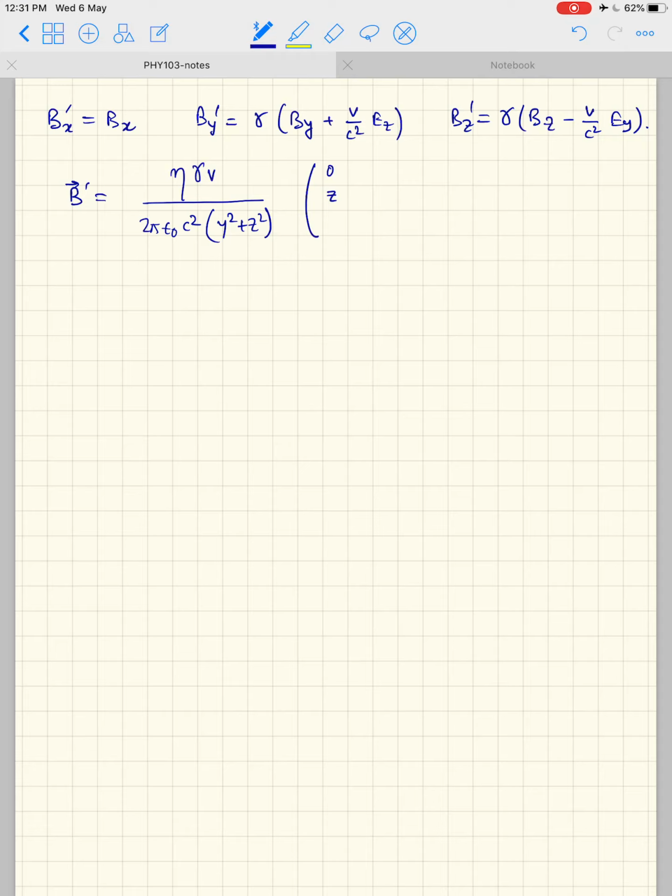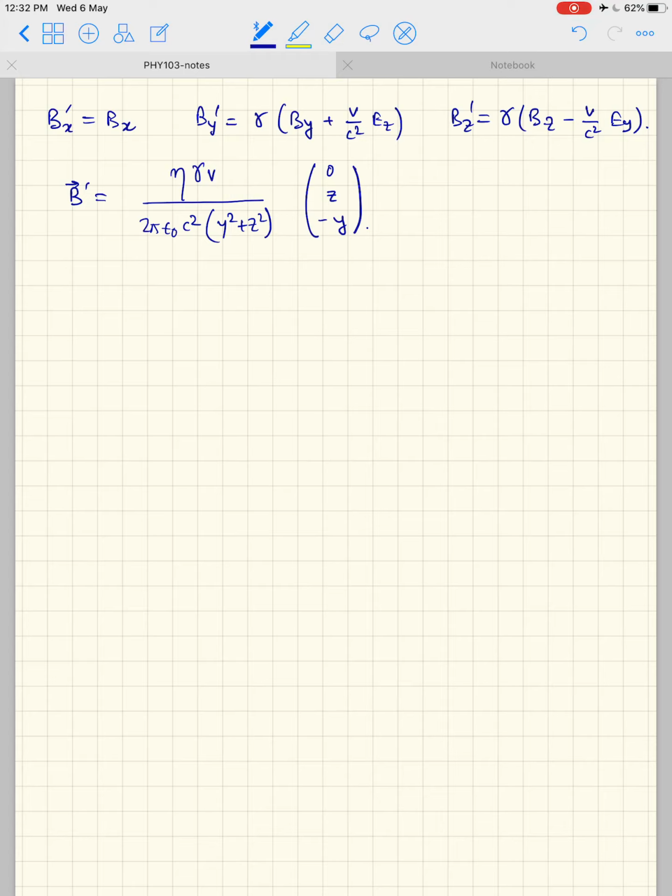So this is going to be Z and this is going to be minus Y. This should be clear from the fact that Bx, By, Bz are all 0. So Bx prime is 0, By prime is gamma V by C squared into Ez, Bz prime is minus gamma V by C squared into Ey.